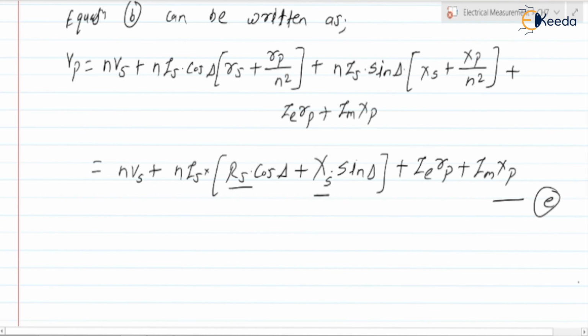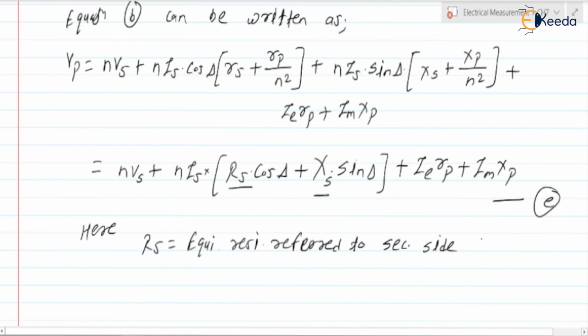Here Rs is the equivalent resistance of transformer referred to secondary side, which is equal to Rs plus Rp by n square.